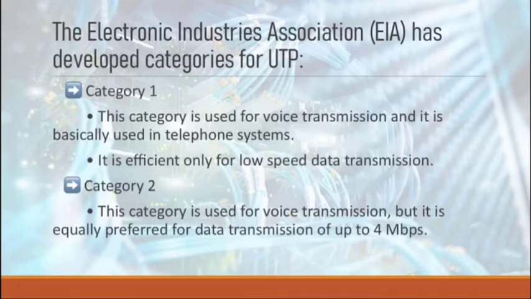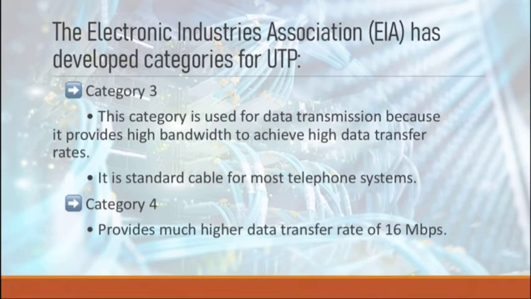Category 2 is used for voice transmission, but is equally preferred for data transmission of up to 4 Mbps. Category 3 is used for data transmission because it provides high bandwidth to achieve high data transfer rates. It is standard cable for most telephone systems.